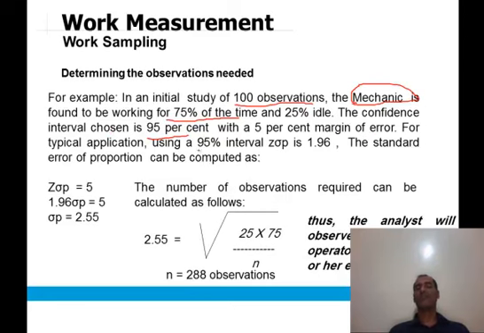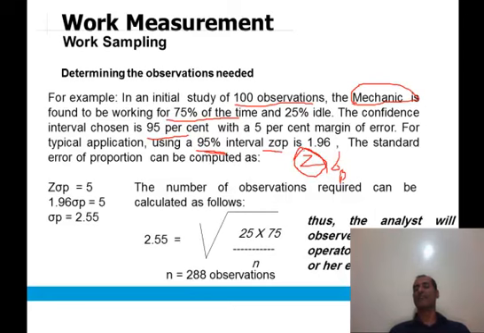For a typical application, using the 95% confidence interval, we have Z sigma subscript b, where Z comes from the statistical distribution.